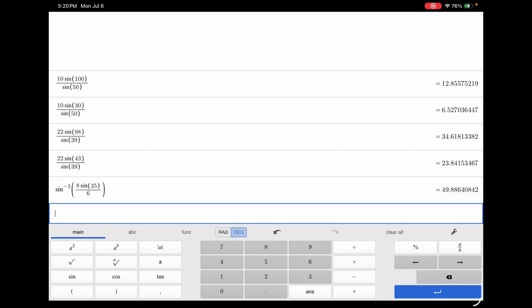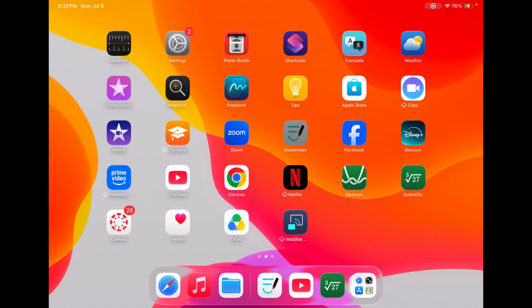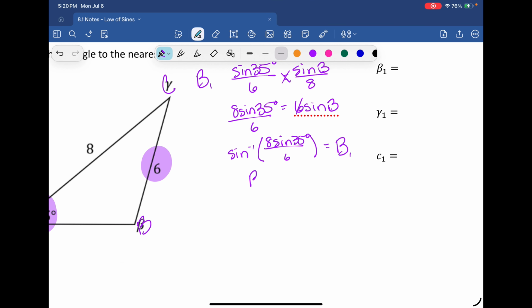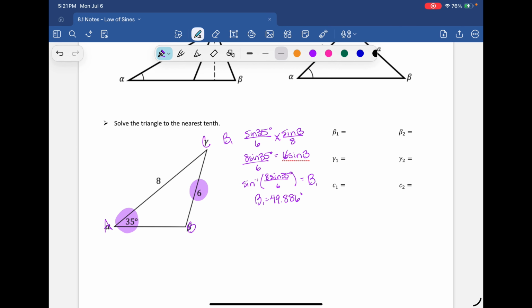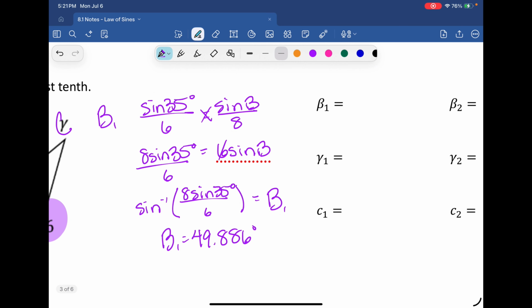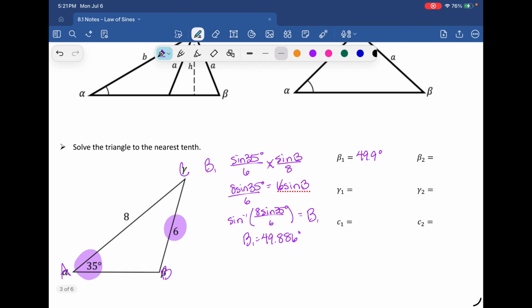And I get 49.886. All right, so it says to the nearest tenth, so we're going to do 49.9 degrees over here. Well, that gives me angle B.